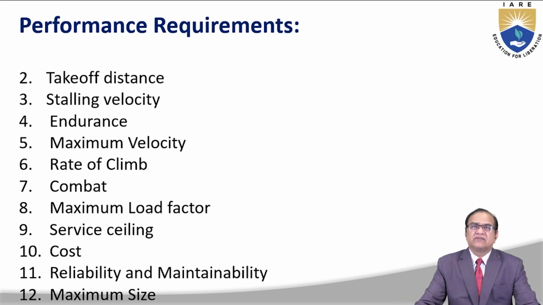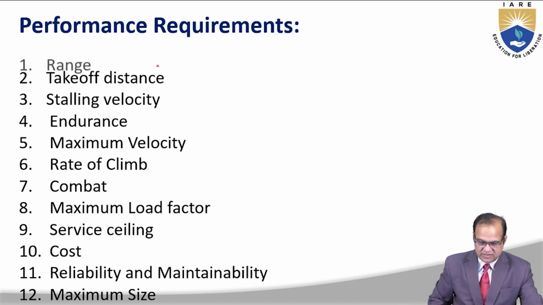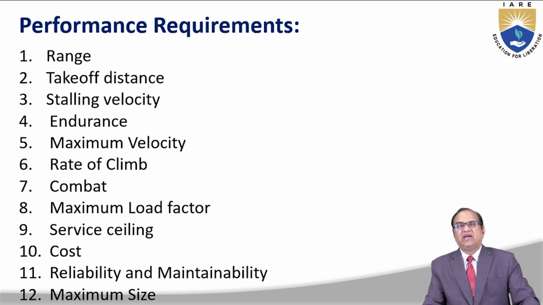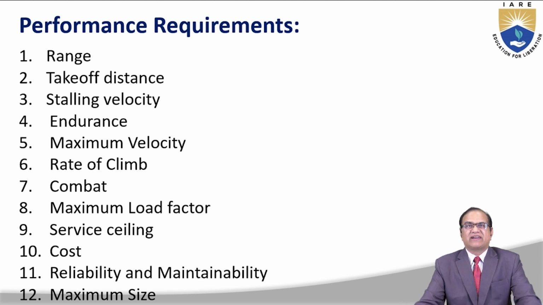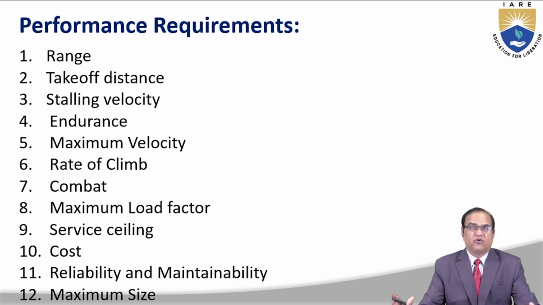Now there are some requirements for the performance of an airplane. The first one is the range. What is the range? Range is the distance which an aircraft can cover for a given full amount of fuel.